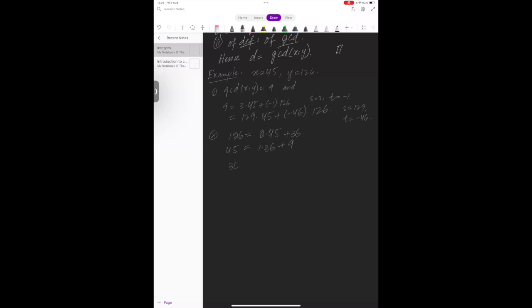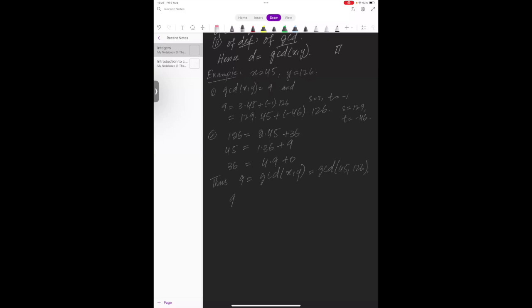And we can write 36 as 4 into 9 plus 0. Thus, 9 is GCD of X, Y, which is GCD of 45 and 126.